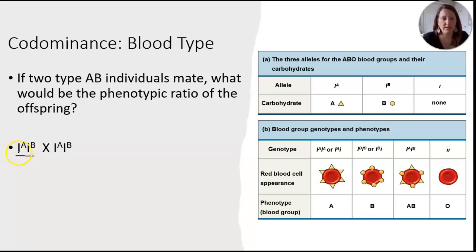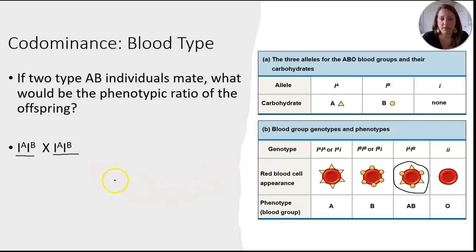So here is the genotype IA IB, with an individual that is also type AB. So IA IB. And so again, both of these individuals are examples of codominance. They have both alleles, both would be expressed simultaneously. Their red blood cells would look like this over in this picture. Okay, and we would call them heterozygotes.